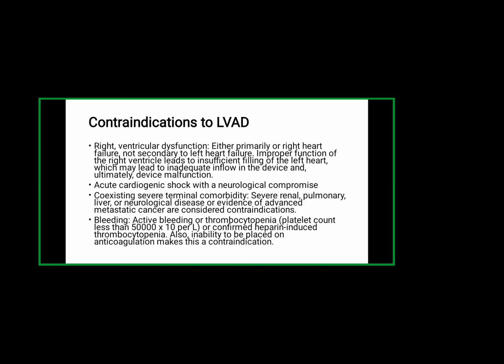Improper functioning of the right ventricle will lead to insufficient filling of the left heart, and this will lead to inadequate inflow in the device, and ultimately the device will malfunction. So it's a contraindication.